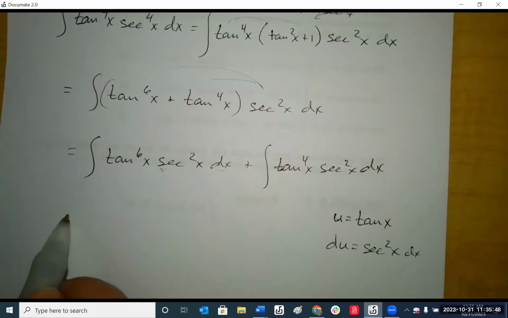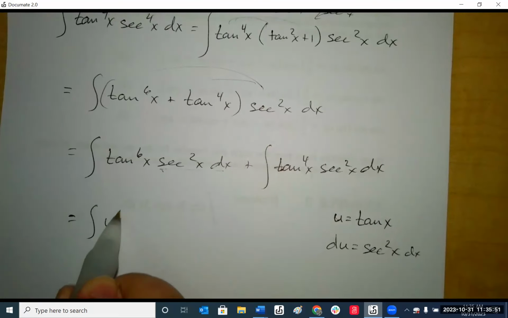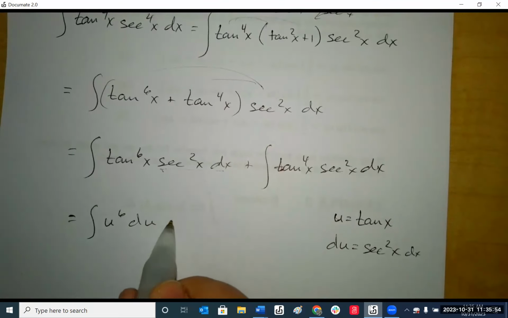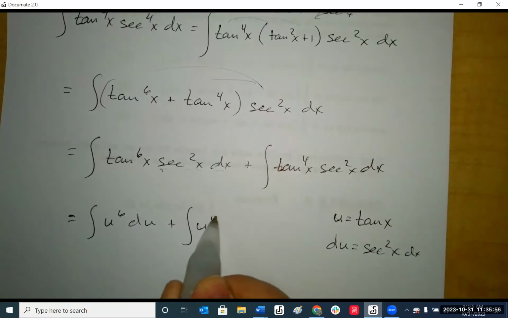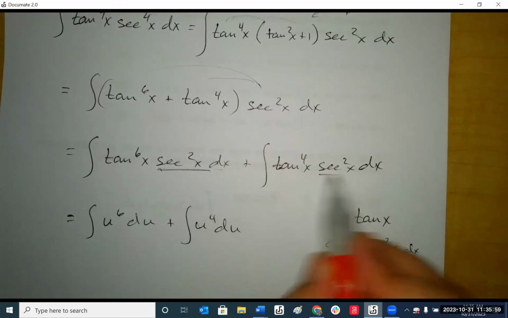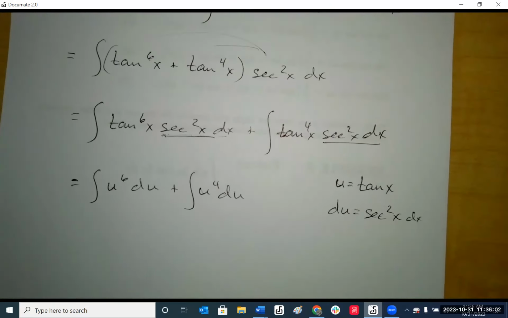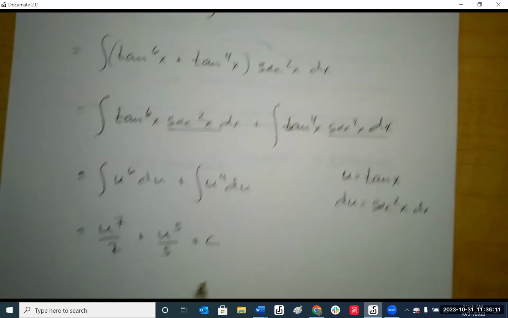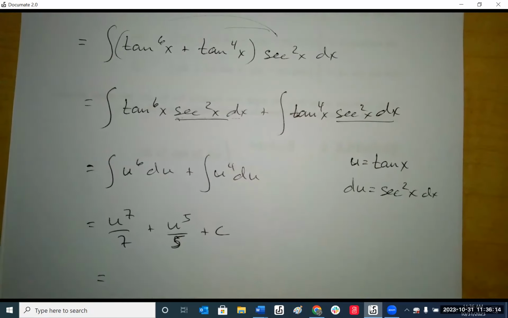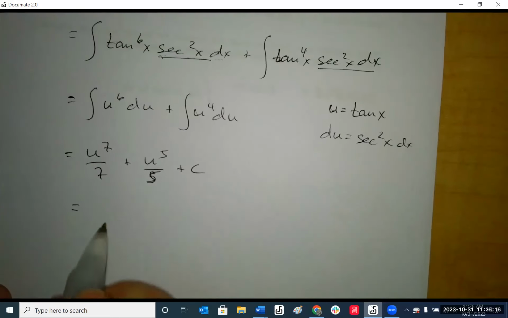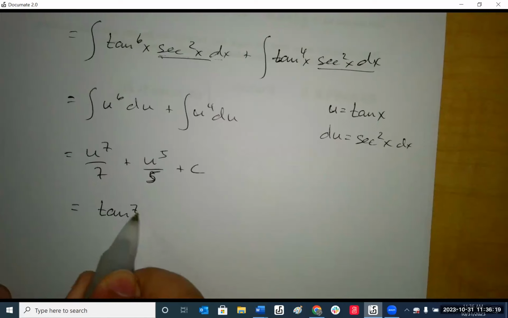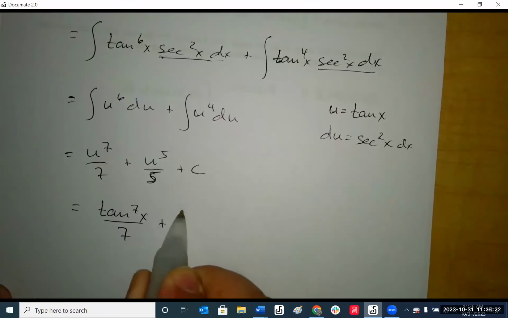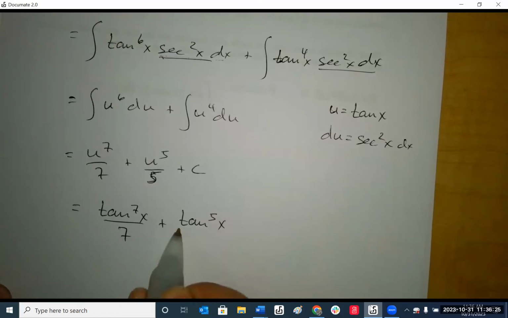Because these are all our du's, what we have here is u to the 6 du plus u to the 4th du, which gives us u to the 7 over 7 plus u to the 5 over 5 plus c, which is tangent to the 7th over 7 plus tangent to the 5th over 5 plus c.